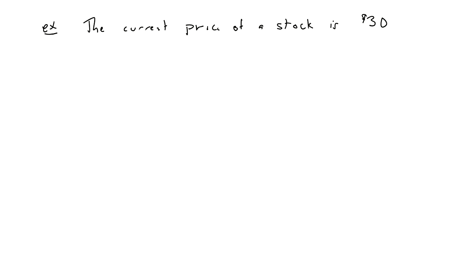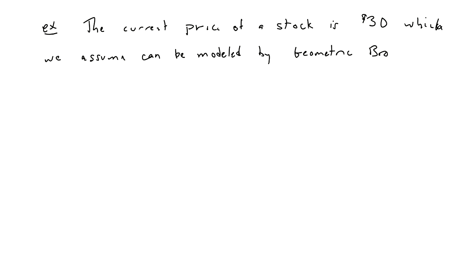Okay, so example. The current price of a stock is $30, which we assume moves by geometric Brownian motion. It's a finance economics equation. If that is realistic or not, I don't know.